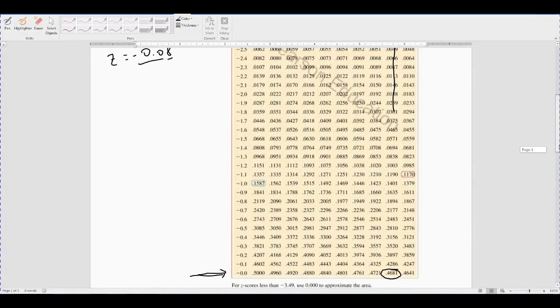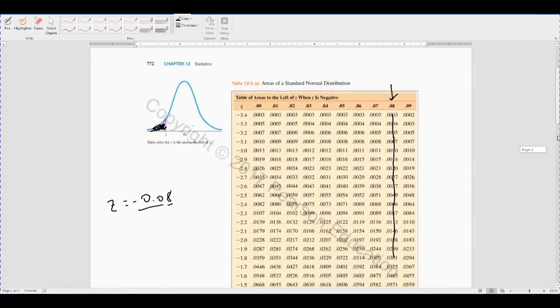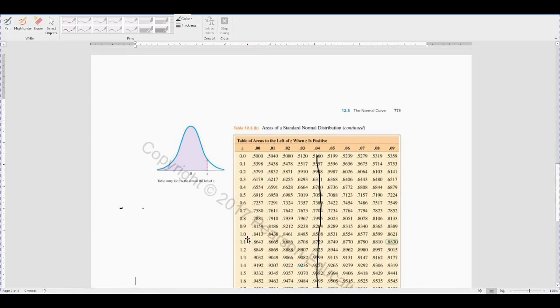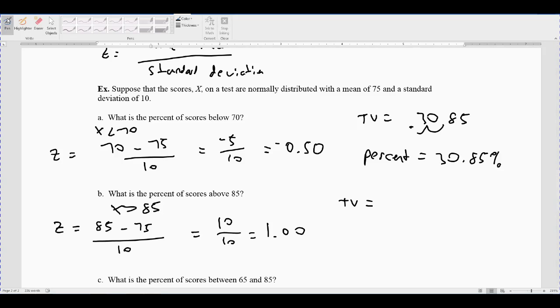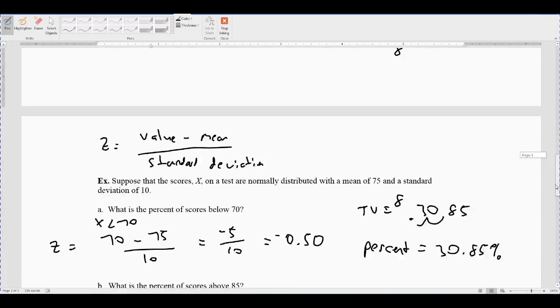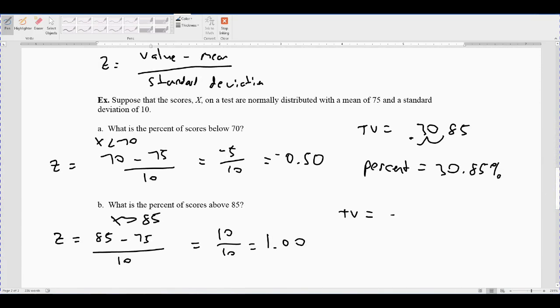We want 1.00. So there's 1.0, and then the second 0 is up there, so they converge at 0.8413. Why it does that, I'll never know.